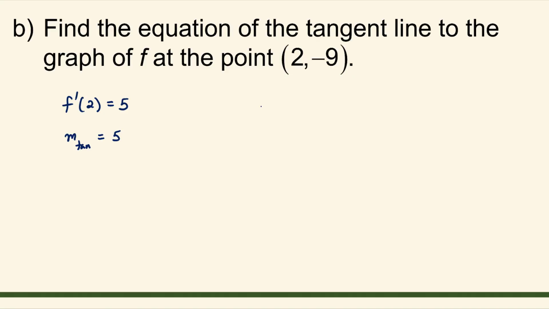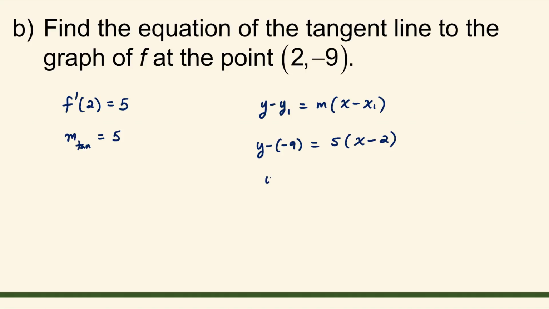We will use point slope formula. Y minus y sub 1 equals slope m times the quantity x minus x sub 1. We will substitute 5 in for m, 2 in for x sub 1, and negative 9 in for y sub 1, giving us y minus negative 9 is equal to 5 times the quantity x minus 2.